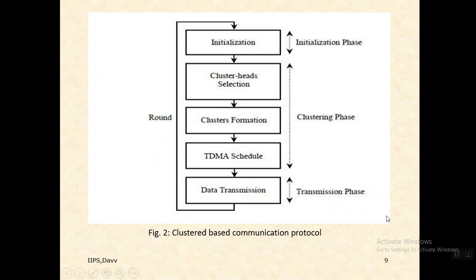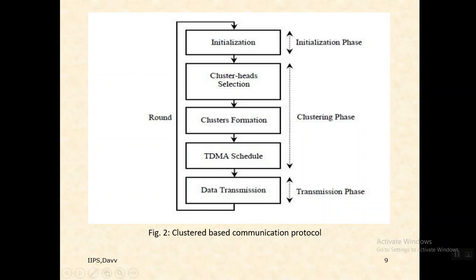In the first phase, initialization, all the nodes communicate with each other and they form layers depending on the distance from the base station. According to the distance, they form layers. The second phase is again subdivided into cluster head selection, where the head of the cluster is selected, cluster formation, and TDMA schedule.